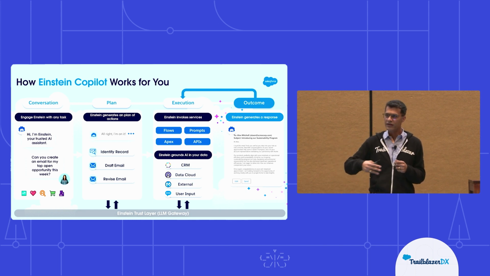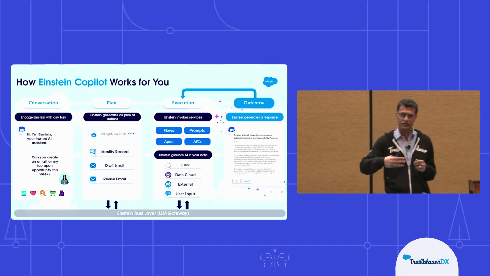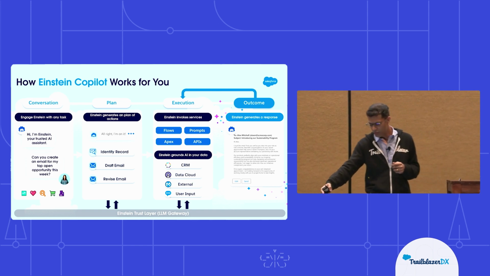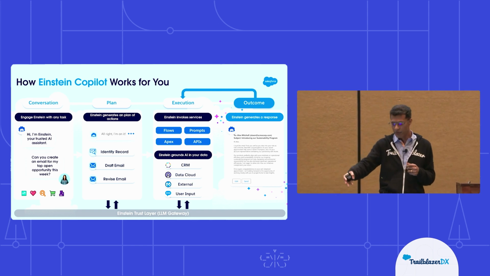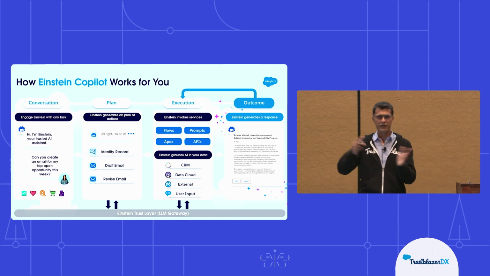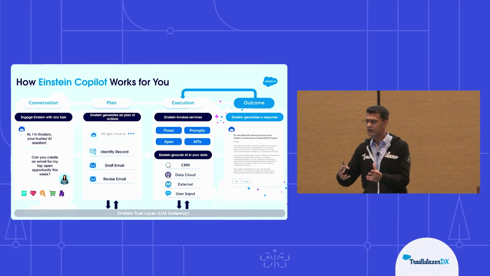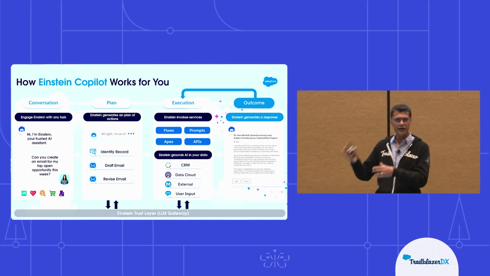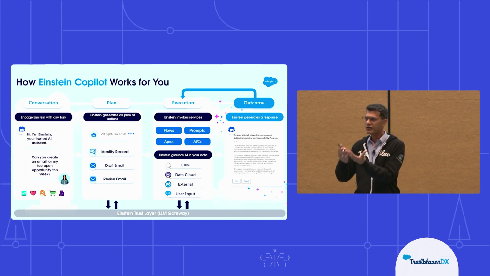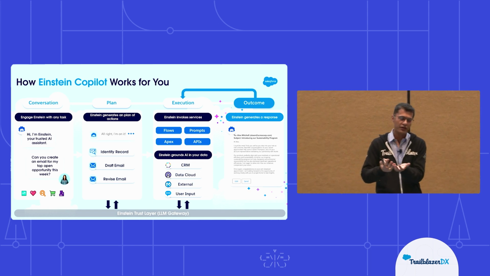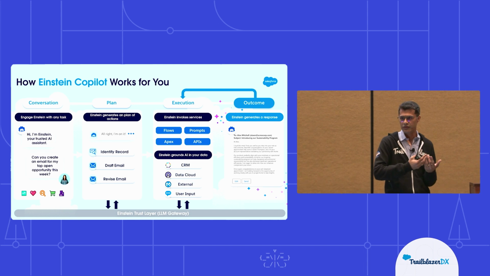Planner service will do the validation and will start executing these actions by invoking APIs for flows and prompts and Apex, and doing everything in user context, as I said earlier. It collects all the data that these actions produce. And it takes that data, takes the user utterance, goes to LLM, and says, hey, create and provide me a contextual response that I need to surface back to the user.